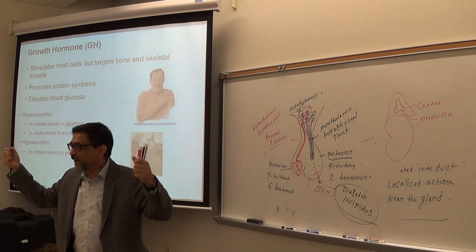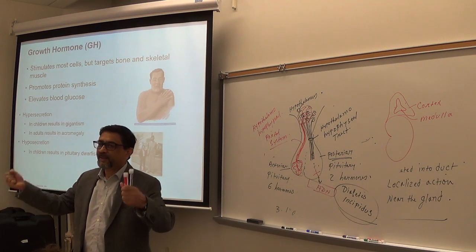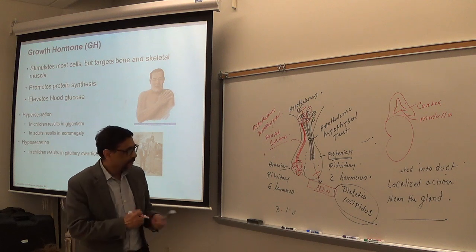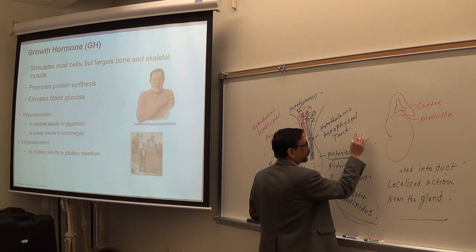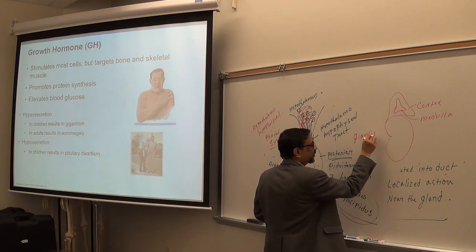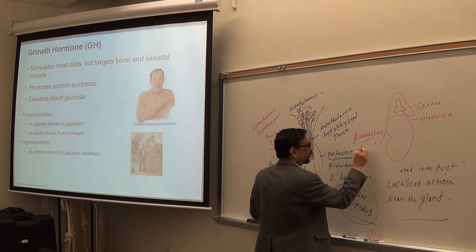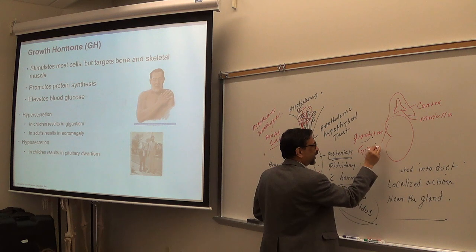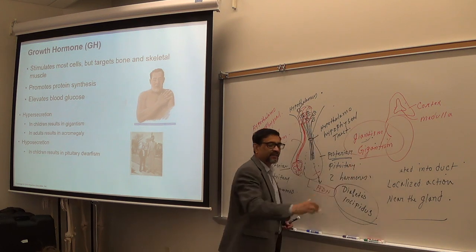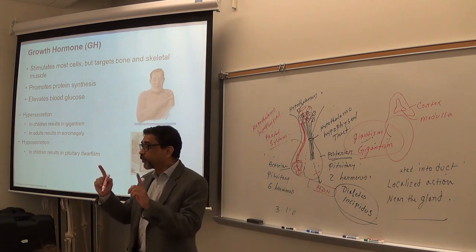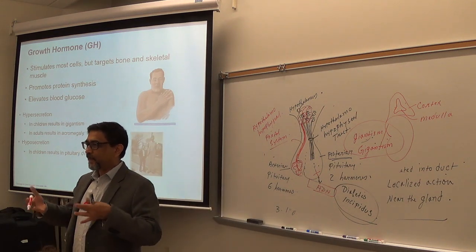So they will become giant. And that condition is called what? Gigantism. So, excess secretion of growth hormone during when? The growth of the body.